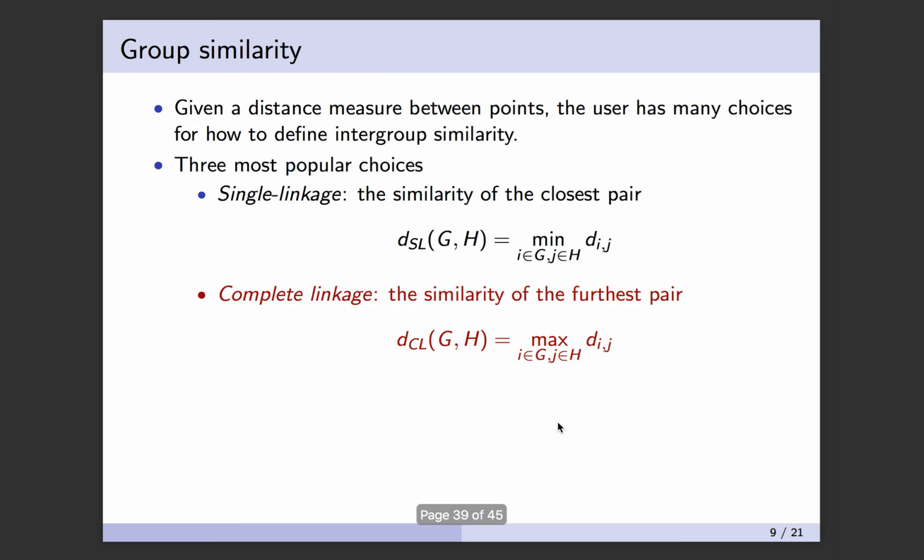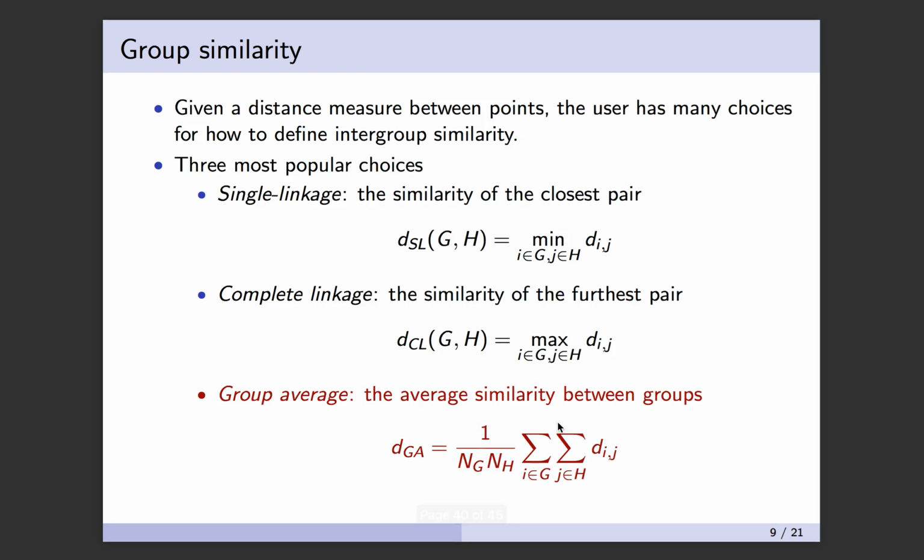Okay. So first, to define the distance between 2 groups, there are 3 popular ways for hierarchical clustering. The first one is, I think I can make some. Now we have 2 groups, and each group has 4 points.